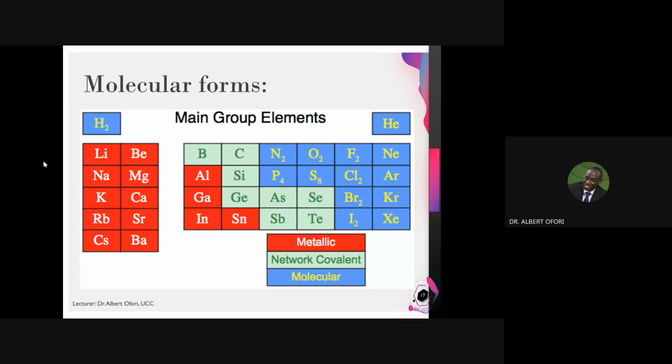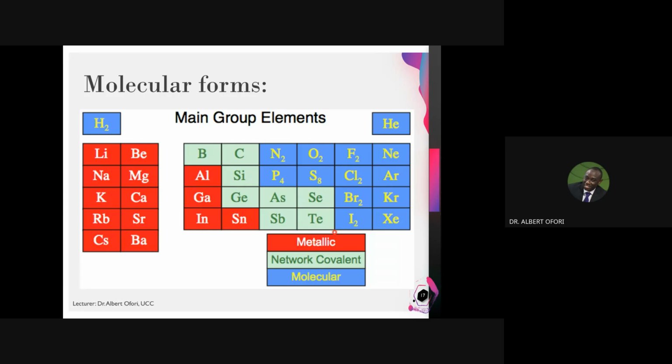But the noble elements, you see all of them being gas up to xenon. When you cross xenon, you'll get to the liquid form. Okay, so this is what we see from the periodic table, and that's what we want to go through for this particular course.